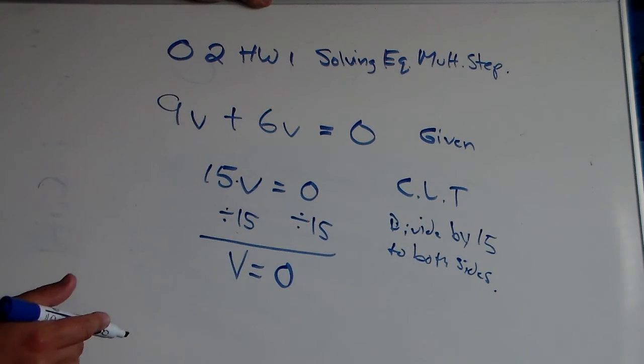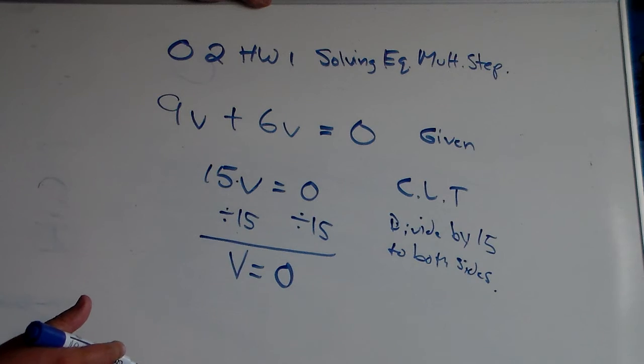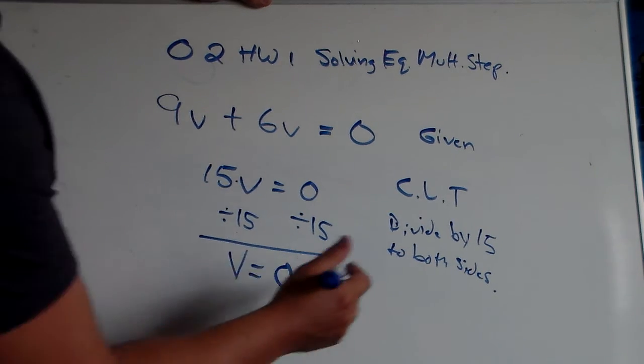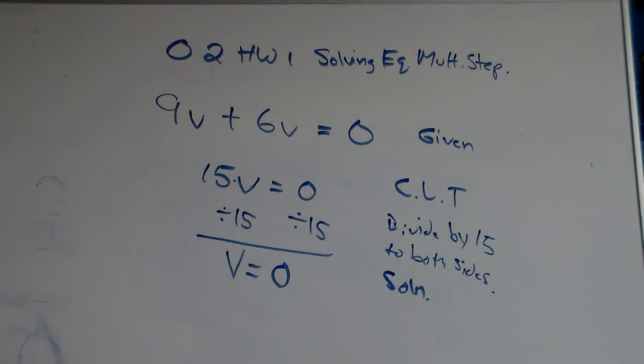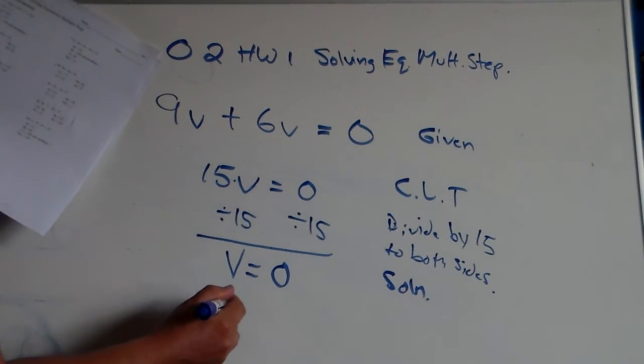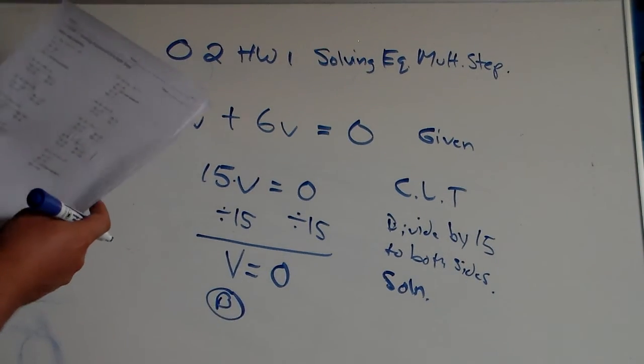And you can put that in the calculator, always double check yourself in case you doubt yourself. V equals 0, that is our solution. And that will be B for us in the multiple choice, because it says 0.